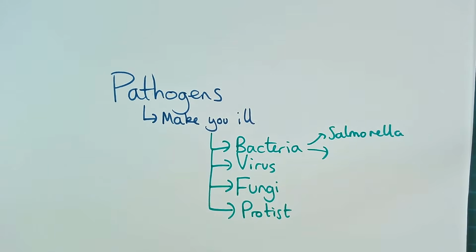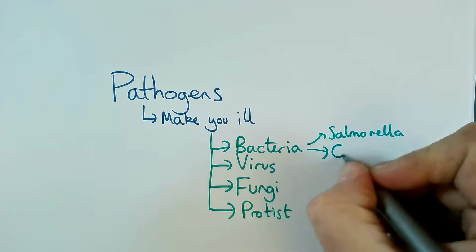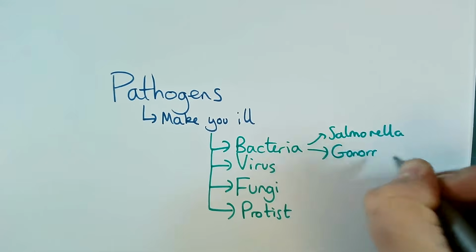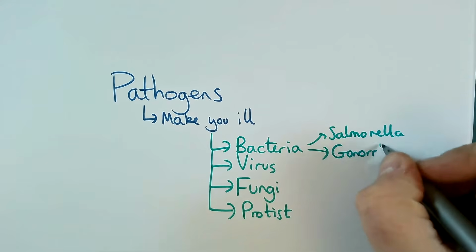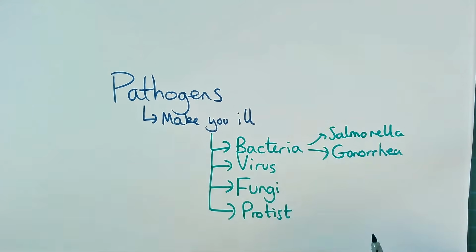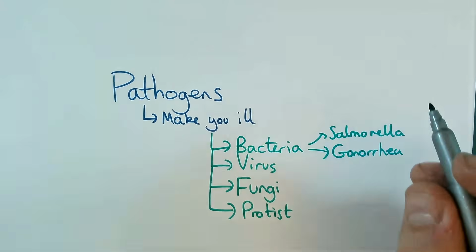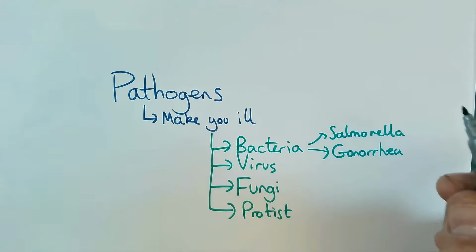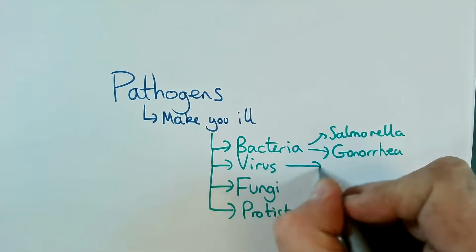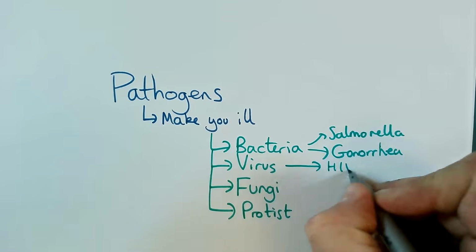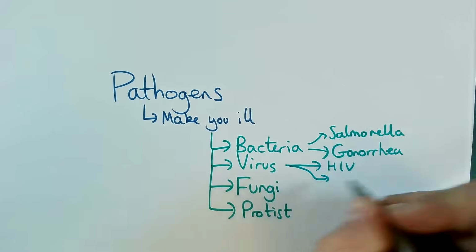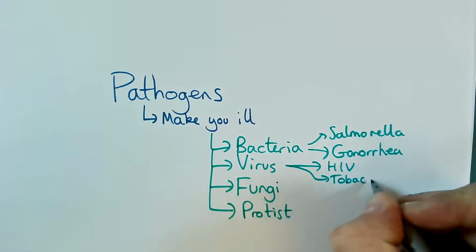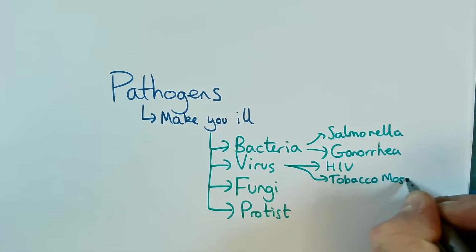Right. So, salmonella, gonorrhea. It is on your exam specification that you need to know that gonorrhea causes yellow-green discharge. That is on your GCSE. Virus, things like HIV, tobacco mosaic virus is the one that they love, because it infects a plant.